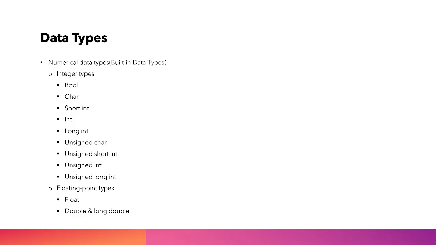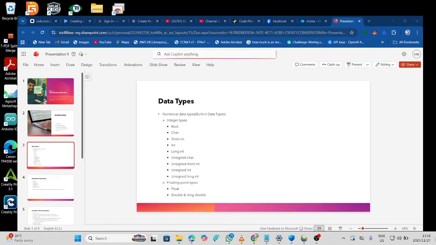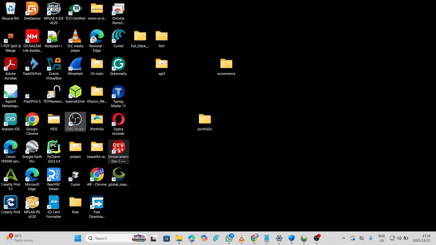Maybe if we get some chances of doing the other types, we'll touch them later. For the floating point types, we'll be having float and double or long double. Okay, let's dive in. Let me just demonstrate the stuff.